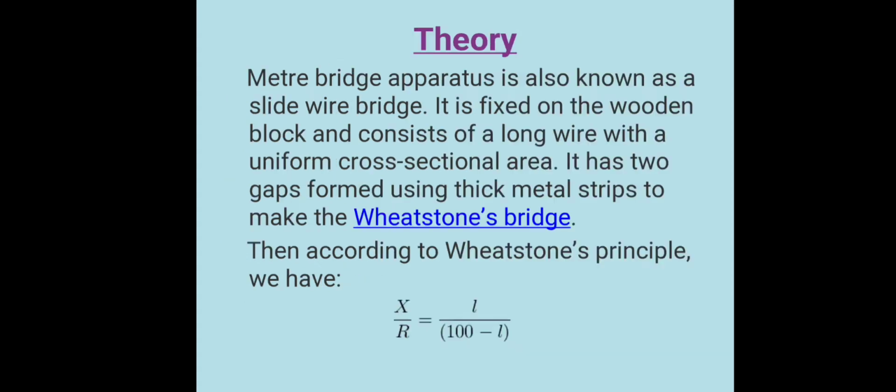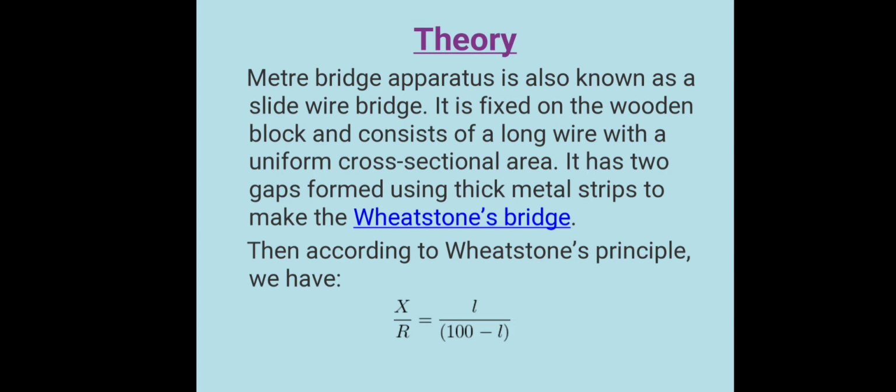Okay, let us see the theory involved. The meter bridge apparatus is also known as the slide wire bridge. It is fixed on a wooden block and consists of a long wire with a uniform cross-sectional area. It has two gaps formed using thick metal strips to make the Wheatstone bridge.